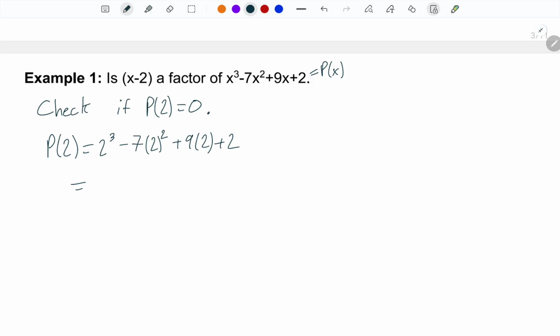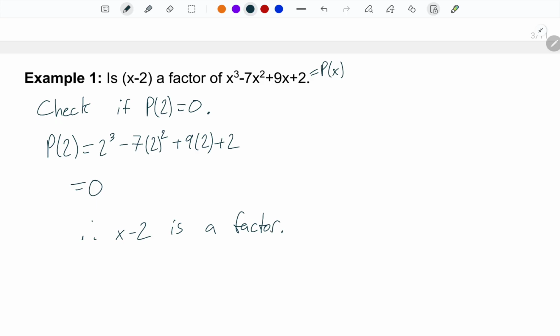When you substitute that in, what do you know, you get 0 in this case. Therefore, x minus 2 is a factor.